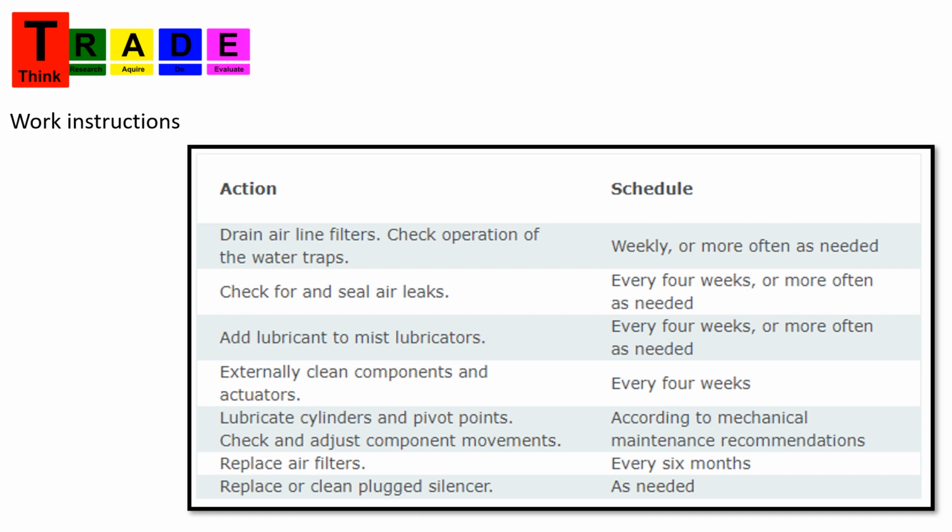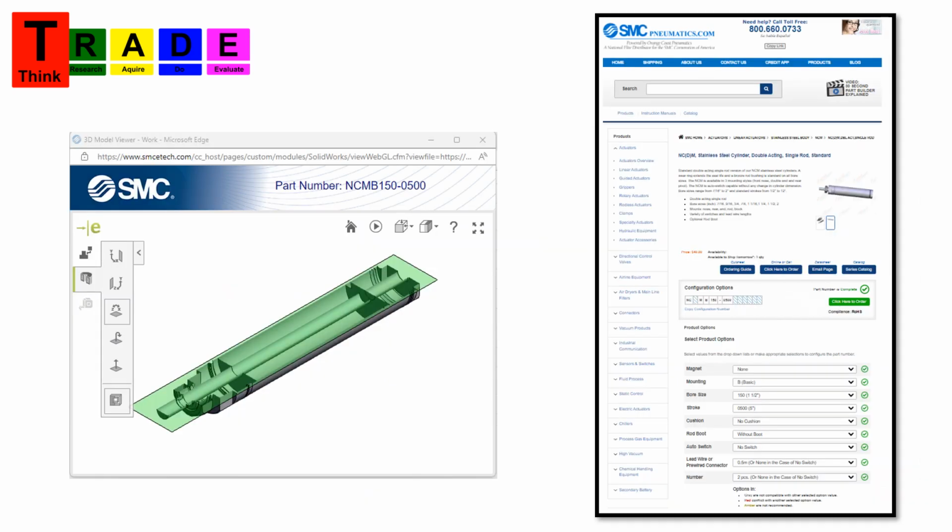This could also give us clues to any potential issues or problems that we're having. In this example, I've gone to SMC's website and I can extract detailed information on components. Here we've got a cross-section model of the parts contained in a pneumatic cylinder.